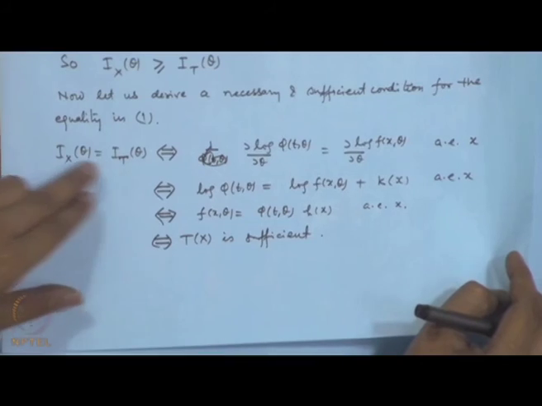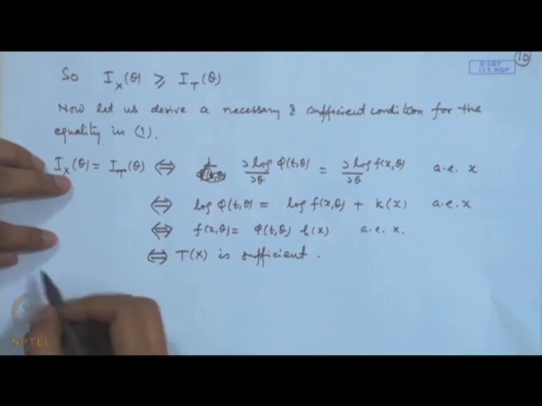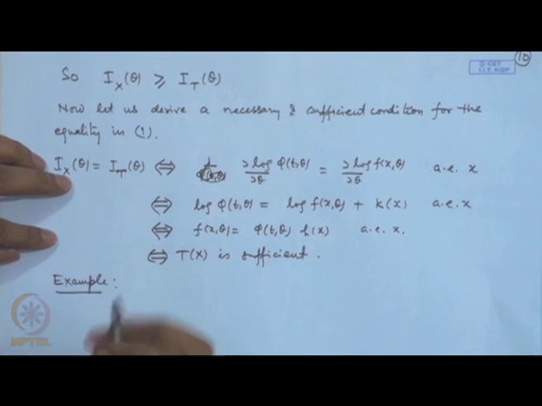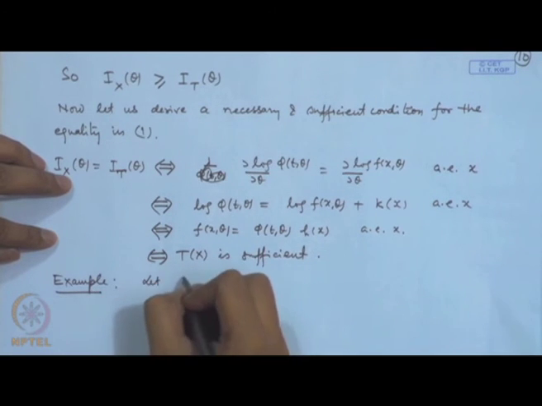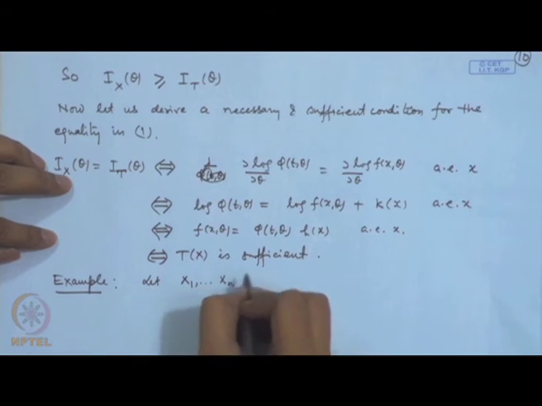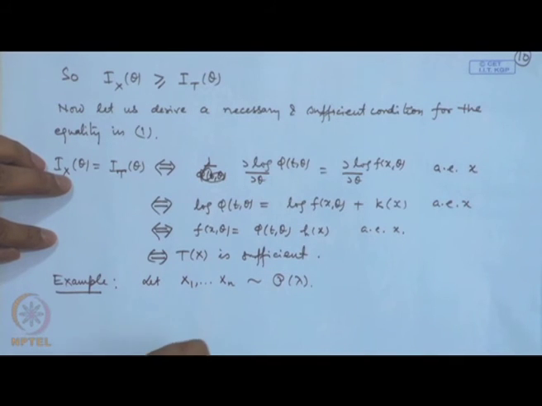Let me give an example of calculation of the information. We will show that this statement is true. So, let us consider say x 1, x 2, x n following say Poisson lambda distribution.